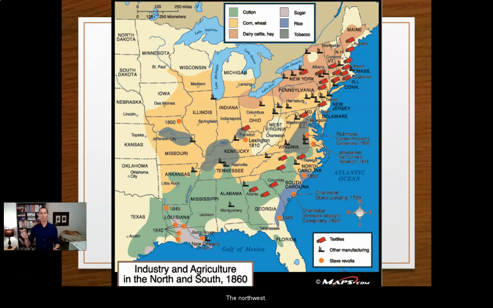The Northwest was a distinctly different region, and it had predominantly agriculture. But the kind of agriculture is different, because the South is also agriculture, but there are two different kinds of agriculture. In the Northwest, it was predominantly food products: cows, sheep, and especially corn and wheat.